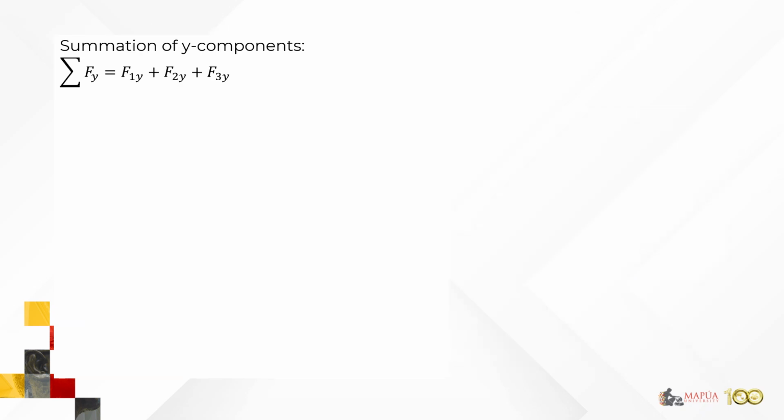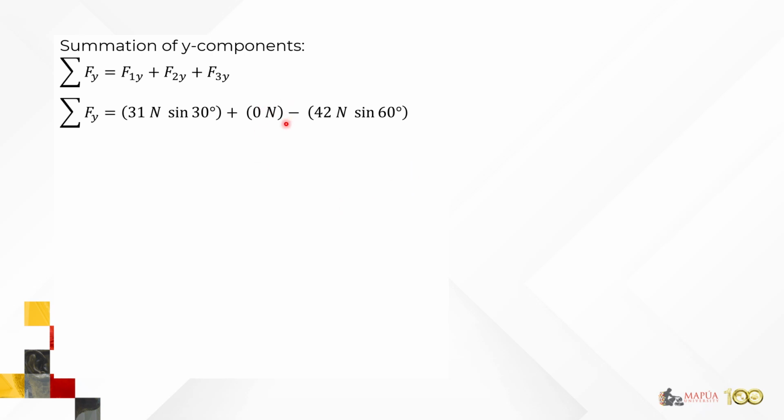Okay, next. For the y components, we're going to do the same thing. So I'd like you to try to pause this video and answer on your own. Okay, so let's have the answer. Let's substitute first 31 newtons sine 30 degrees plus 0 newtons because it will cancel out.